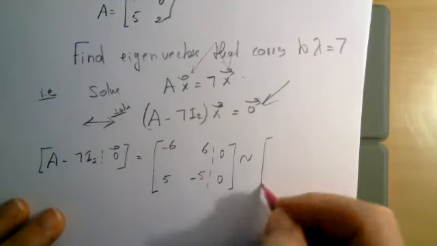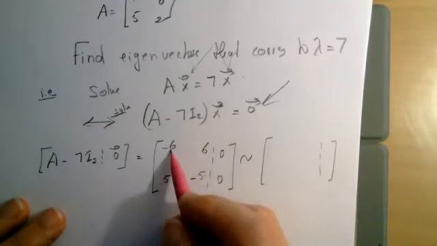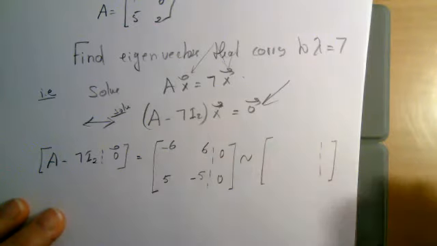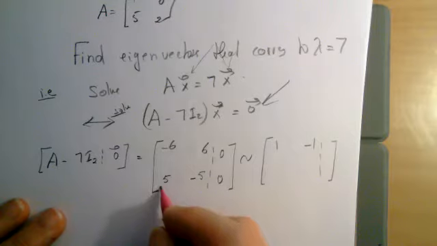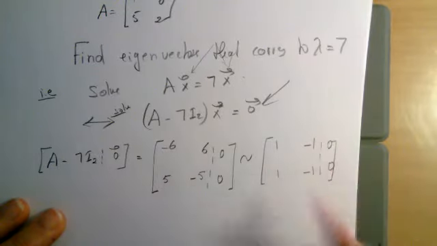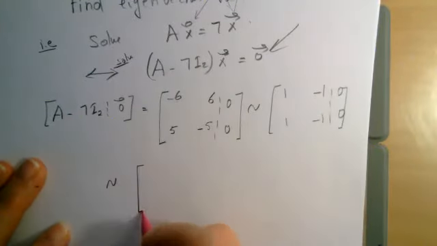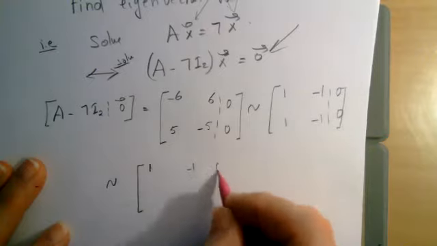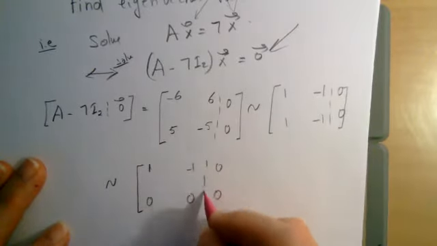If I am solving it, and I don't like the 6, I divide the first row by -6, which gives me 1, -1. I divide the second row by 5, which gives me that. Now I have to row reduce. There is no way out of this. So I row reduce. 1, -1, 0, 0.